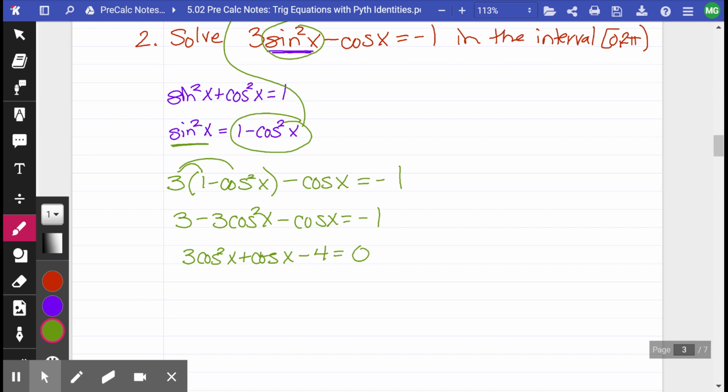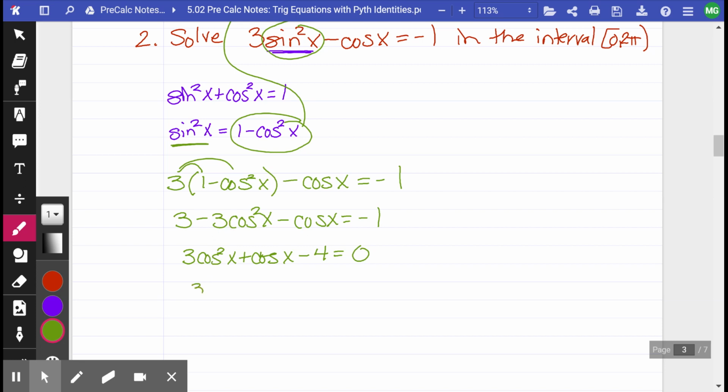All right, so now we have our equation. It's all in terms of cosine, and we have it equal to 0, and our cosine squared is positive. So again, if you haven't done it already, pause the video and see if you can factor this on your own.